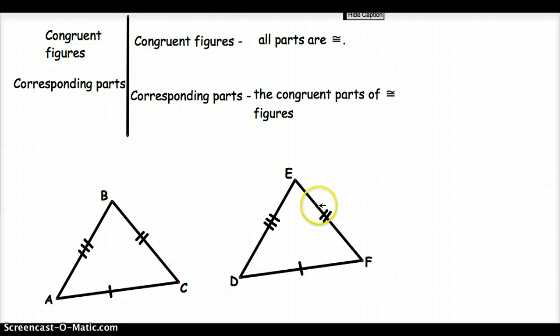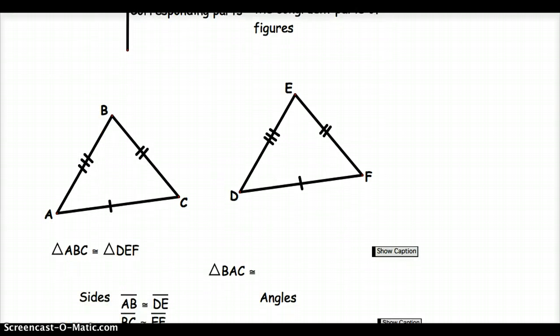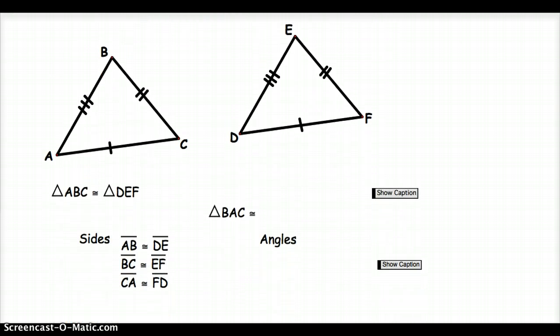BC is in the same place as EF. They are congruent. DF and AC are in the same places on their respective triangles. So again, corresponding parts are just the parts that are in the same place on the other triangle. Pretty self-explanatory.